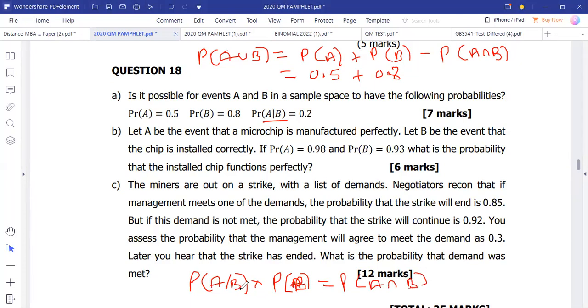Once these two are the same, this is why you appreciate what I was telling you. You can't put A there because this is not A. You put the letter which is there down there. So what is our A given B? 0.2. What is our A? 0.5. When you multiply these, you get 0.1. So that's the one we put here, minus 0.1.